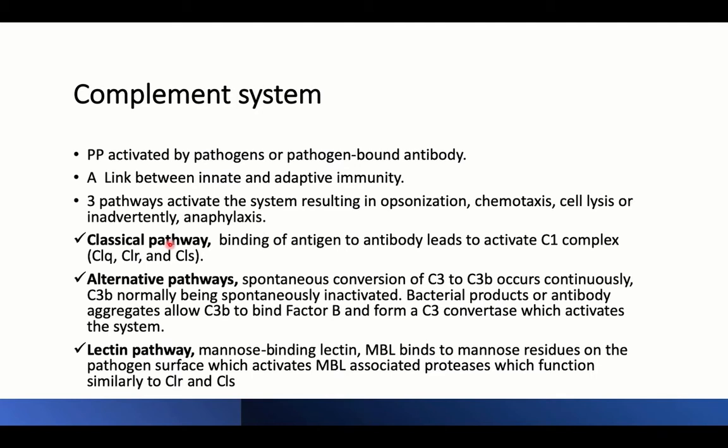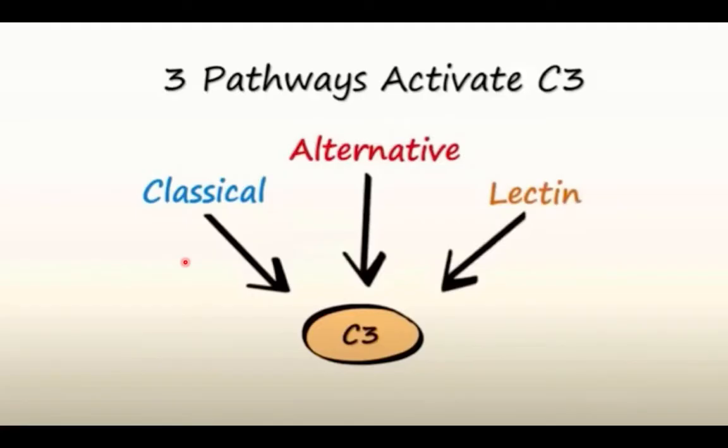Starting with the classical pathway. The classical complement pathway is called this because it was the first one to be discovered, where binding of antigen to antibody leads to activation of the C1 complex, which includes C1q, C1r, and C1s.